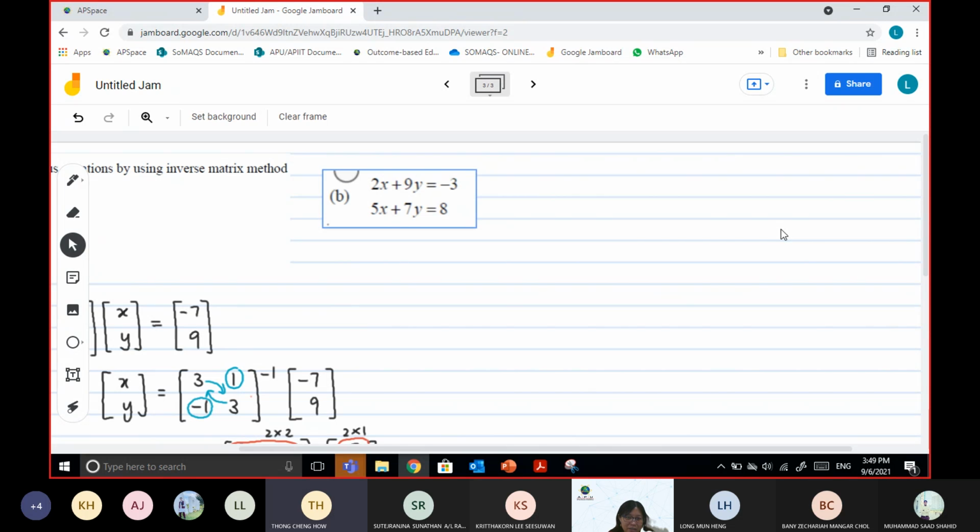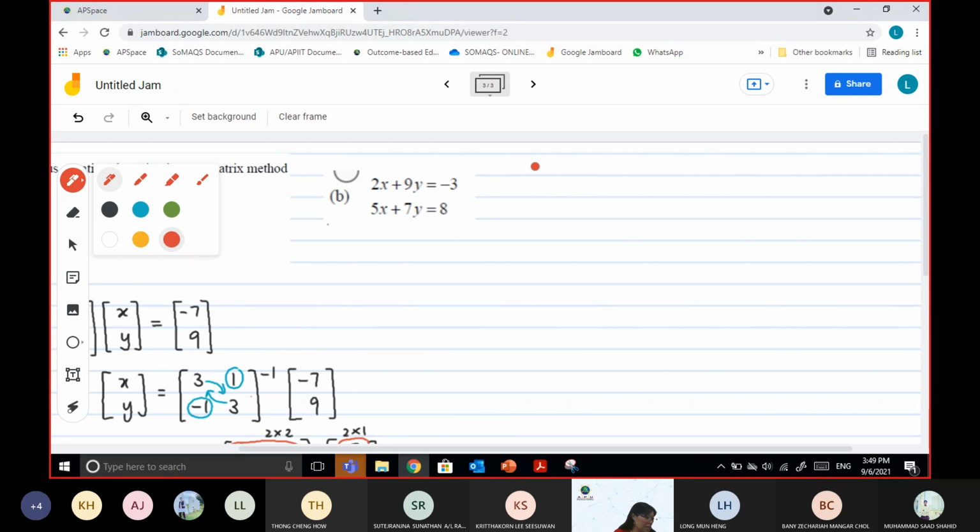Sub back to the equation. The x and y sub back to the equation. Okay, so the second suggestion is to substitute into the equation. Yes, correct. As I mentioned just now, you all say you get x equals 3, y equals negative 1.